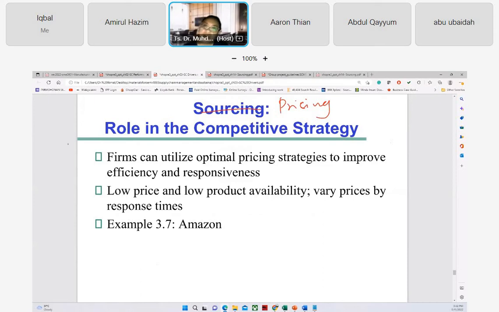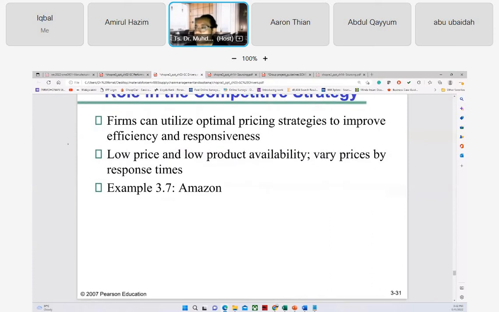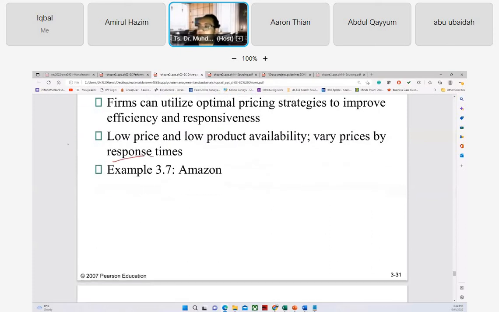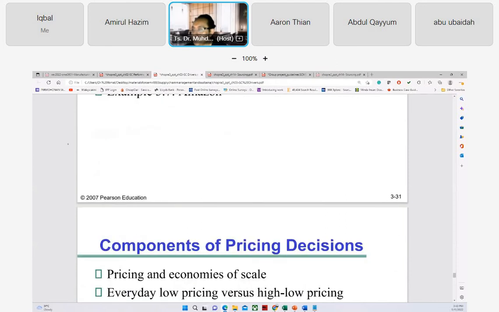I pay more, I get a very good shape of Hari Raya cookies. I pay less, then I receive the cookies but in different shape. Okay, so low price and low product availability, vary prices by response times. Okay, so everything you are buying time. Okay, so in this world, time is not free, so you're buying time.